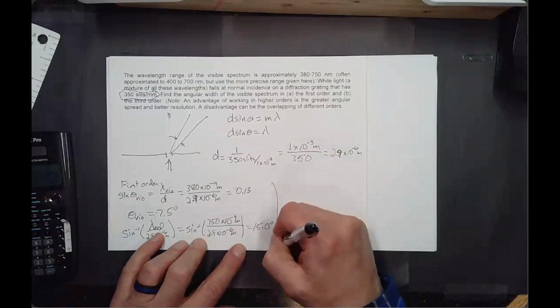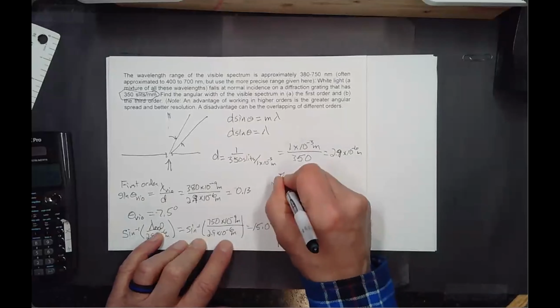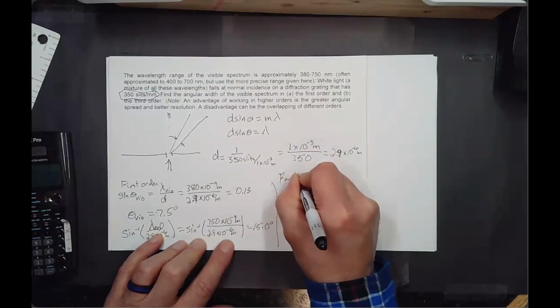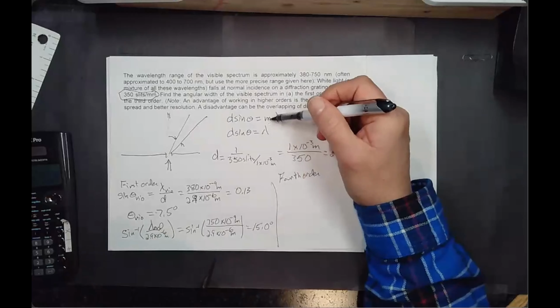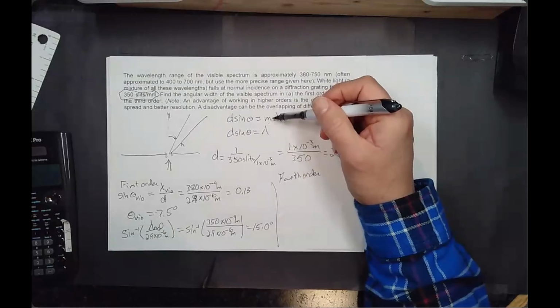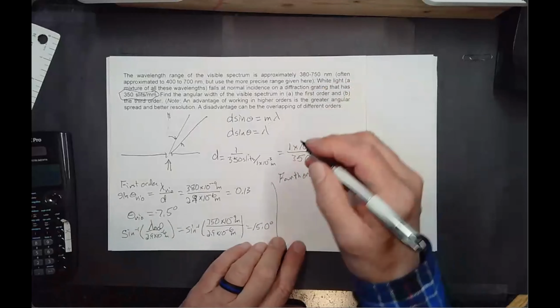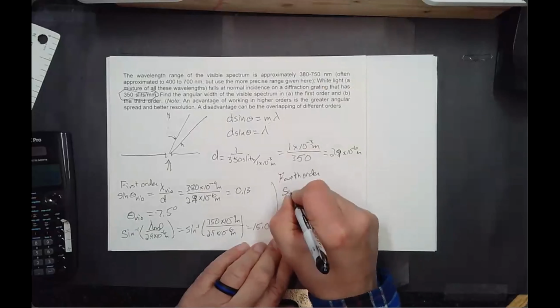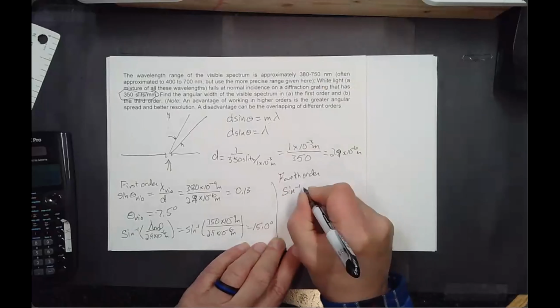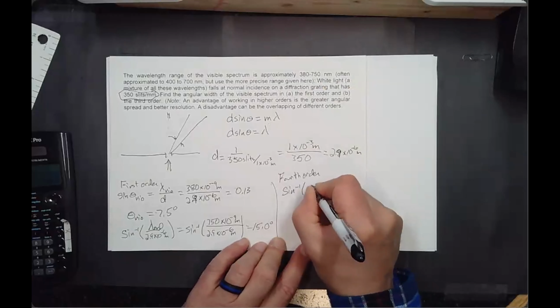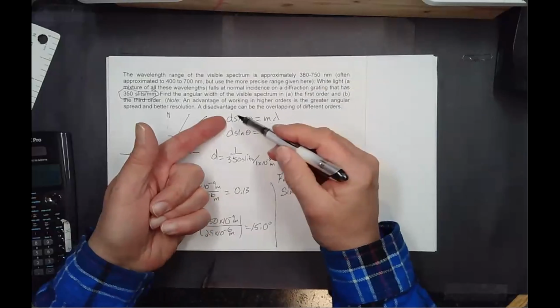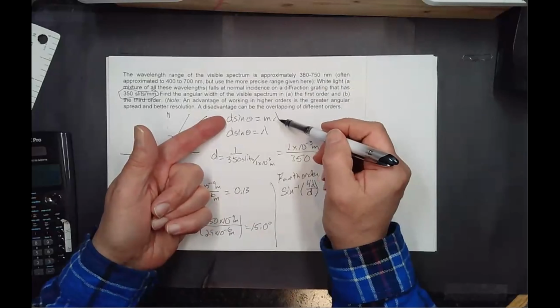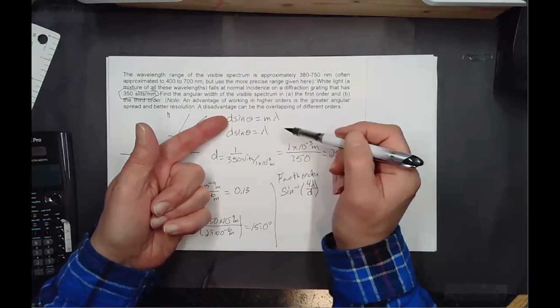Okay, well, let's figure out the fourth order. The only thing different in the fourth order is that we'd be sticking a 4 into here. So I'm going to write down, I'd have the angle for which the sine is 4 times the wavelength divided by d. I just divided both sides of the equation by the d and took the inverse sine of it.